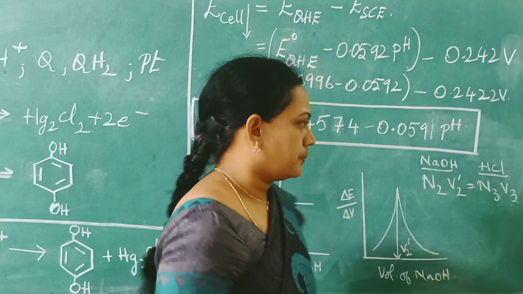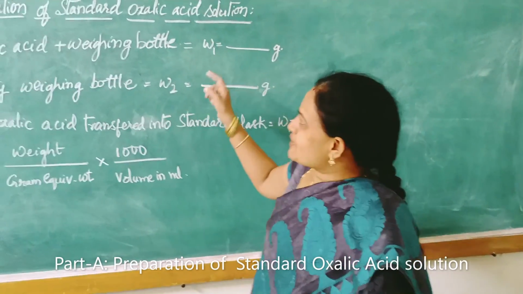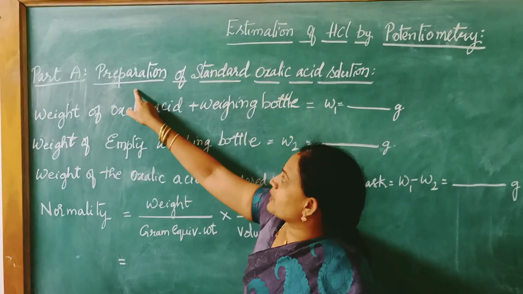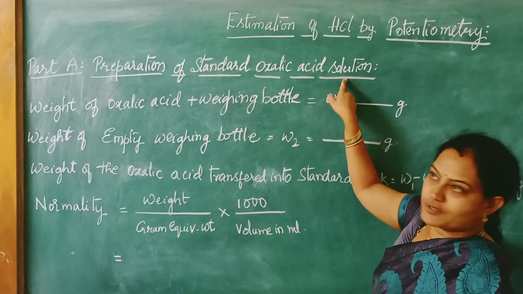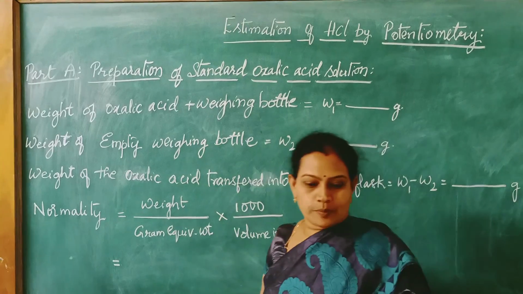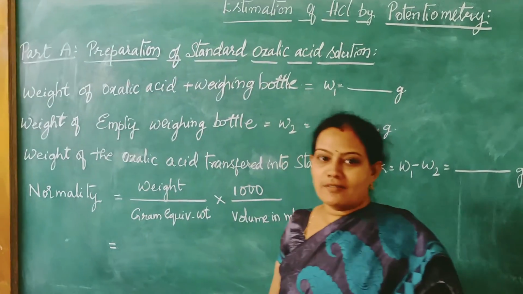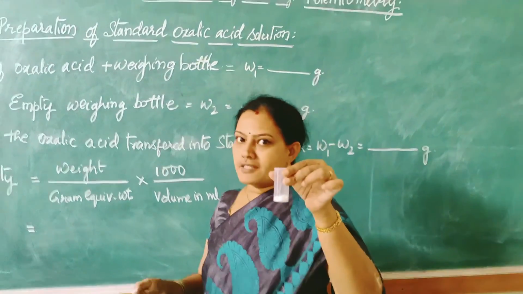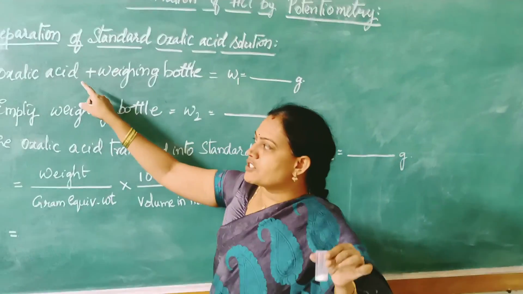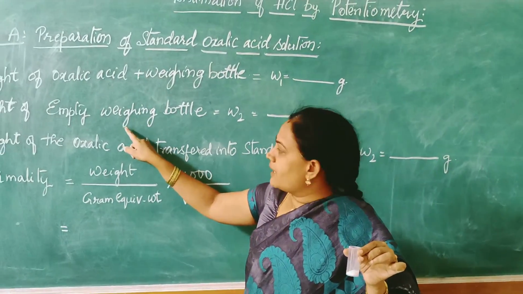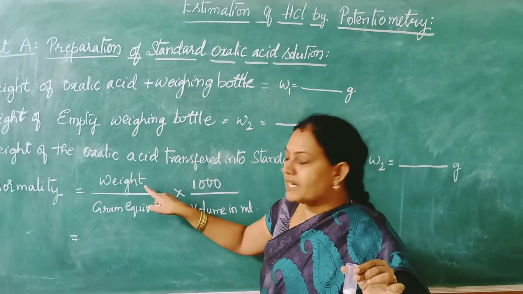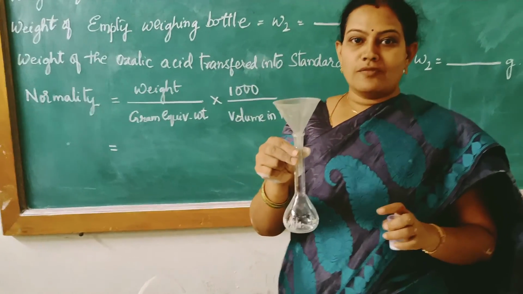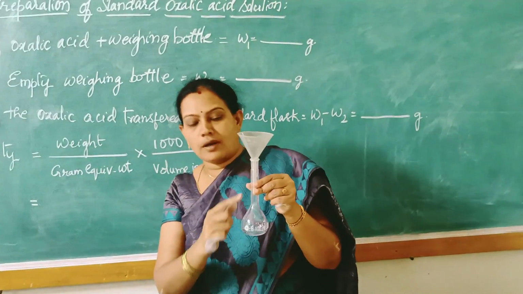Okay. To start with the procedure in the estimation of HCl by potentiometry, we started with preparation of standard oxalic acid solution. Now how to prepare a standard solution? We have the sample of oxalic acid, and this is to be weighed, and then we check out W1 and W2, and then finally obtain the weight that is transferred into the standard flask, and then we make up the solution to 100 ml.